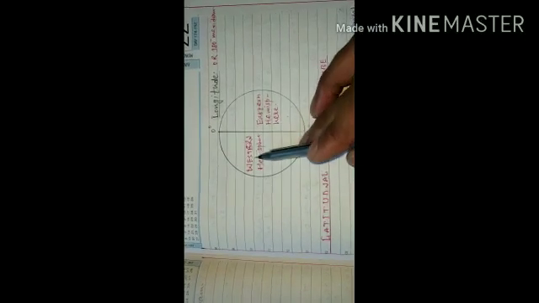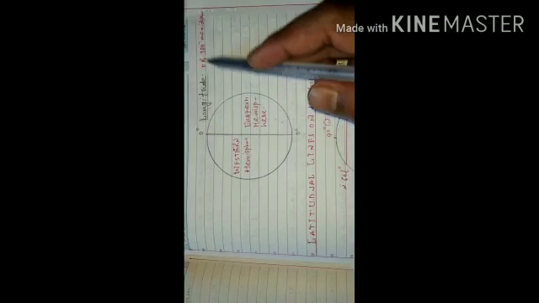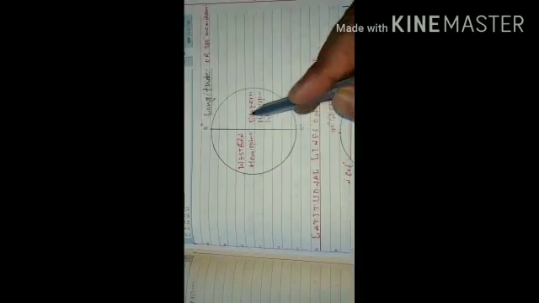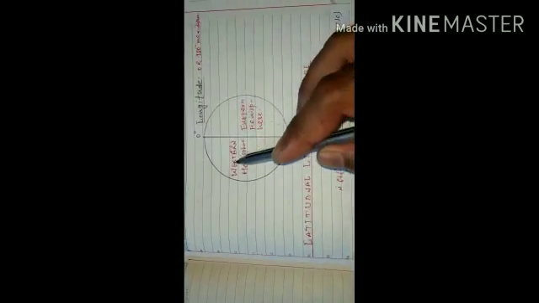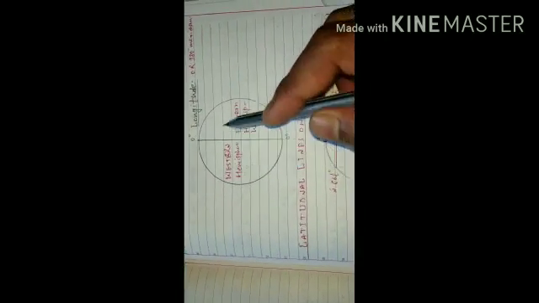These are the western hemisphere and the eastern hemisphere. This is 0 degree longitude, or the 180 degree meridian. It divides the earth into two equal halves, the western half and the eastern half. The western half is called the western hemisphere and the eastern half is called the eastern hemisphere.